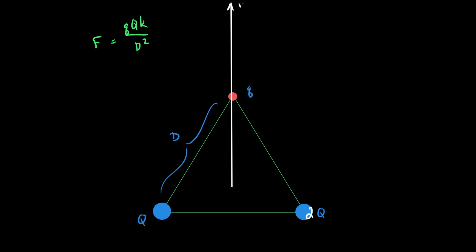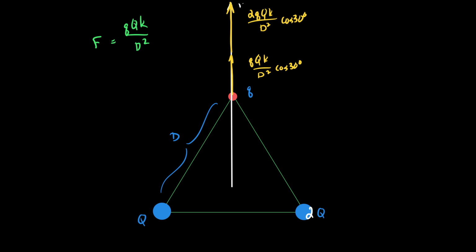Without spending a lot of time rehashing what we already know, can we kind of come to grips with the fact that there are two components in this direction and one is twice as big as the other? So not a whole lot to do there except say maybe this one is qk over d squared times the cosine of 30 degrees. And this one is 2qk over d squared times the cosine of 30 degrees.